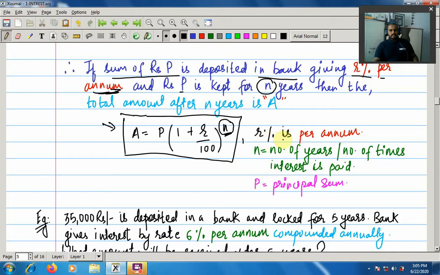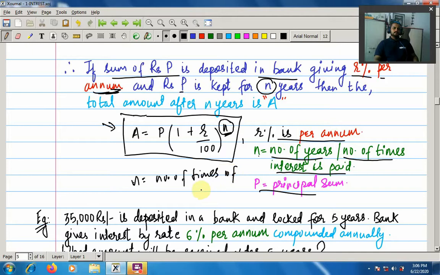So here we have defined R percent as per annum, n is the number of years. I'll go with this definition: n is the number of times interest is paid, and P is the principal sum. This works everywhere. n is the number of times interest is paid.